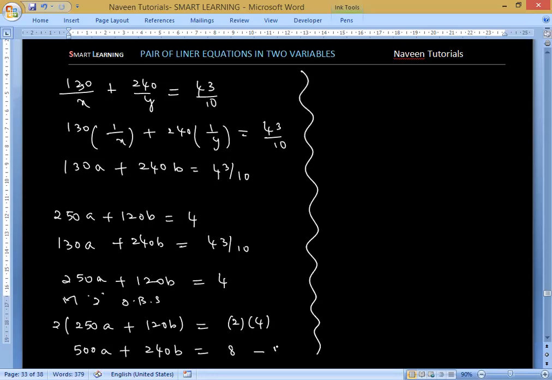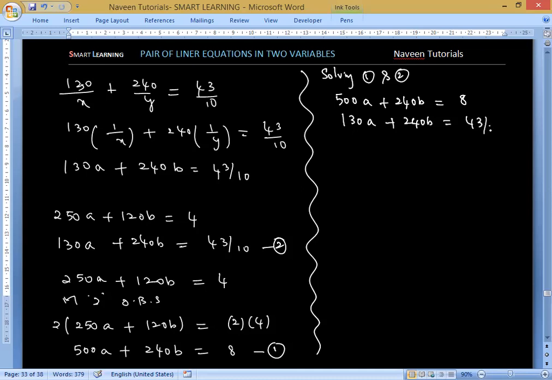Calling this the first equation and the other the second equation, solving 1 and 2: the first equation is 500A plus 240B is equal to 8, and the second equation is 130A plus 240B is equal to 43 by 10. Subtracting, I change the signs.